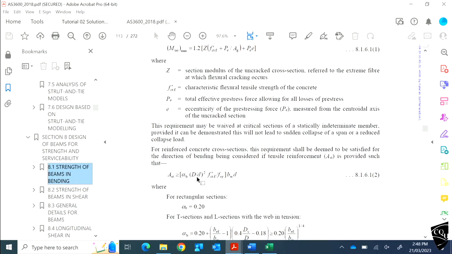Capital D and small d are unknown. This is f'ctf. Where to get that value? That is the flexural tensile strength of the concrete.